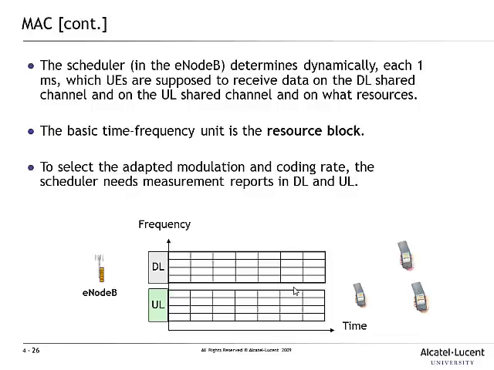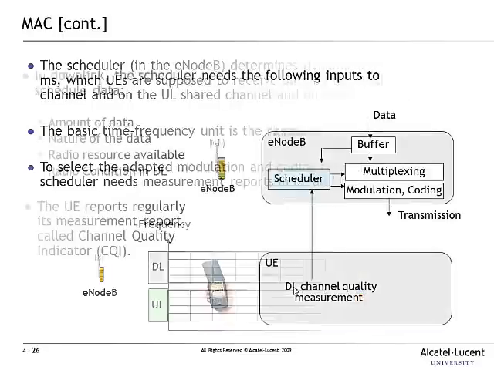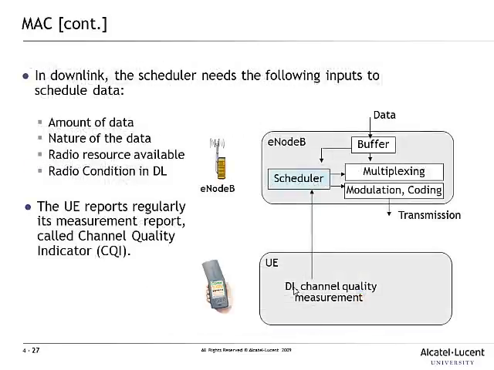So both in the uplink direction as well as in the downlink direction, there are measurements being taken about the channel quality, and that channel quality measurement is used to adapt the link, as referred to as link adaptation. Okay, this is what we mean, a little diagram to explain that concept.